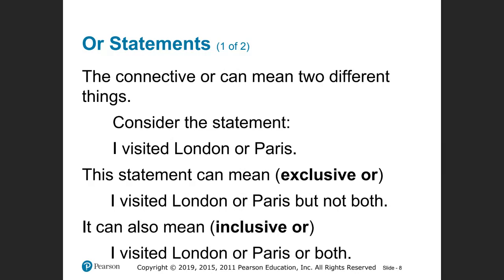The connective or can mean two different things. Consider this statement: I visited London or Paris. This statement can mean exclusive or, I visited London or Paris, but not both. Or it can also mean the inclusive or, I visited London or Paris or both.